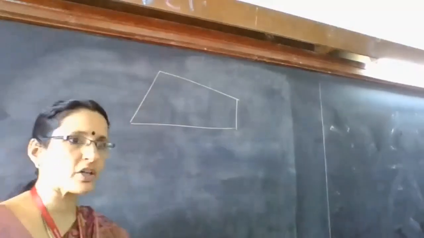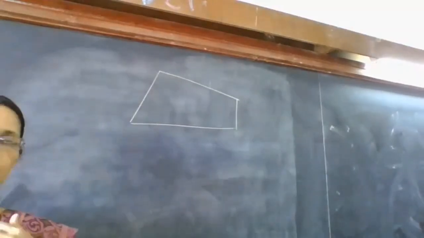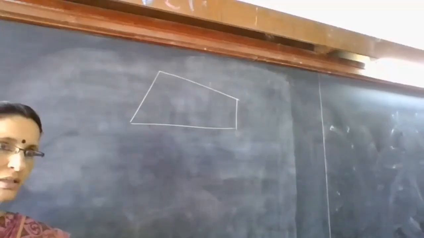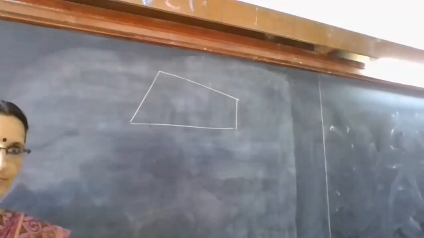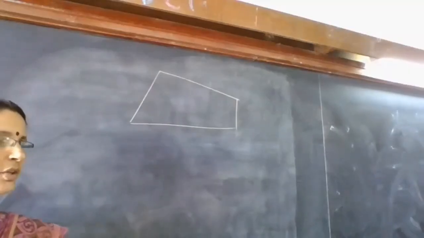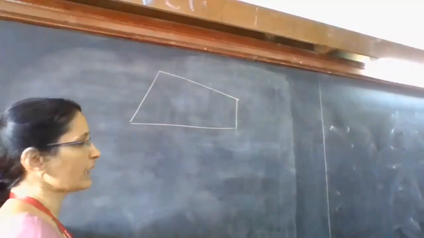When any polygon is given, as we are familiar with the rectangle, square and triangles, we can split the given polygon into these squares, rectangles or triangles and then find the area.